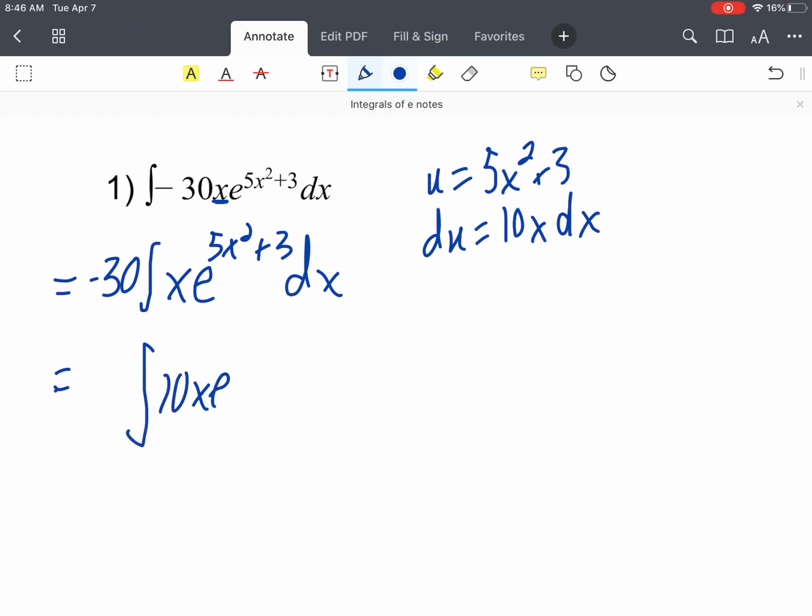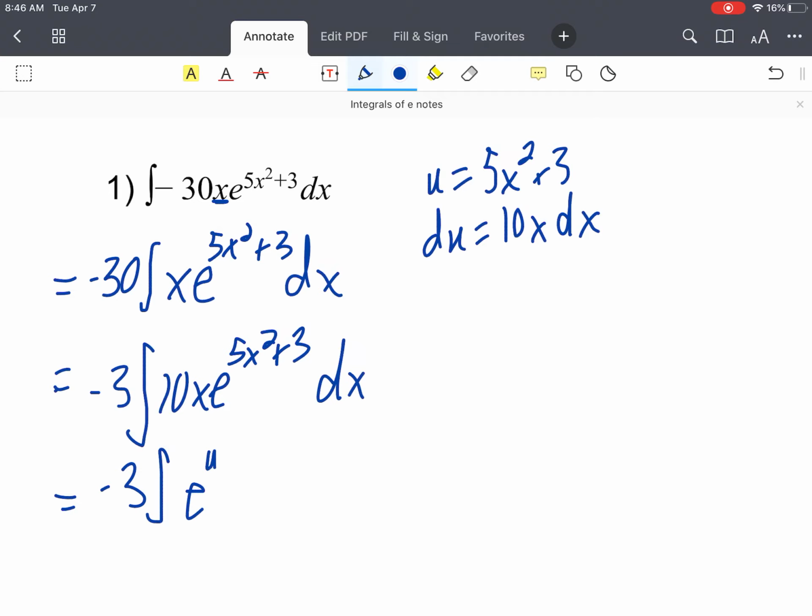And we put in a 10. But we can't just put a 10 on the inside. We've also got to divide by 10 on the outside. So this is now a negative 3, because negative 30 divided by 10 is negative 3. All right, so now everything's how it should be.